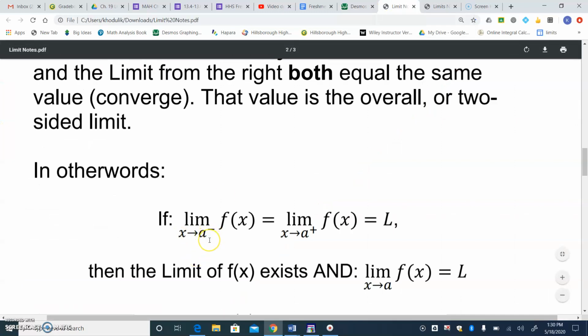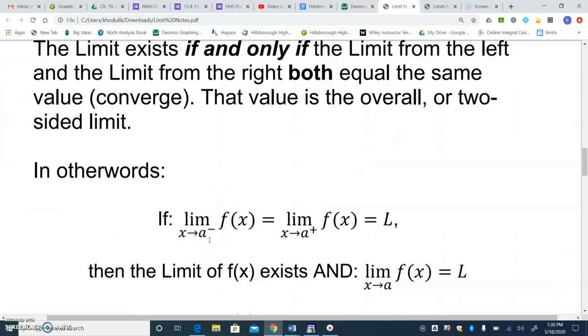And we would just say 2 with a little superscript of a negative symbol. It's not actually an exponent, but it's just a marker saying I'm on the left side. And of course, the positive superscript, that's the right side of 2. So those were all the values a little bit greater than 2, and we were approaching on the right side of 2. That would be the right side limit.